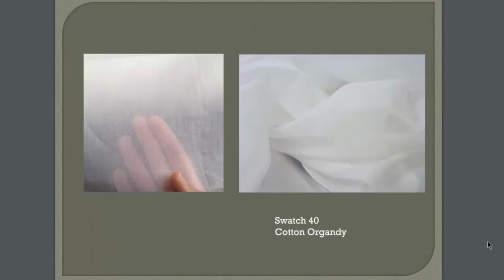It also has body not present in the previous shears that we looked at. So go ahead and manipulate the textile. I ask you to just put some pleats in swatch number 40. So this is also used for shears. And you can see that it has that stiffness, gives it a lot more body.